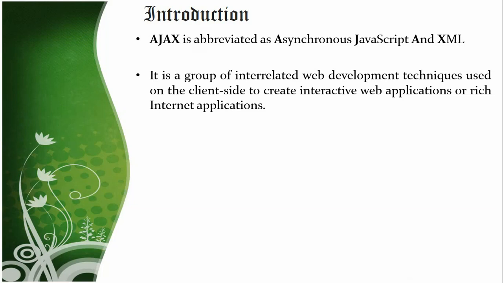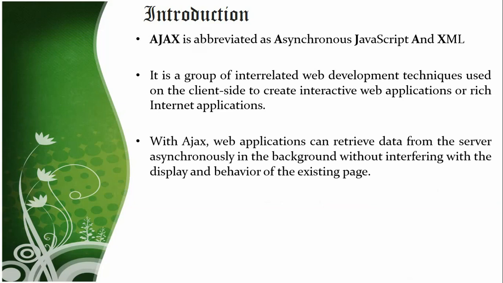We have a collection of things, but we call it LAMP. Like that, AJAX is also a collection of web technologies which work together to give you a rich experience on the internet. With AJAX, web applications can retrieve data from the server asynchronously.